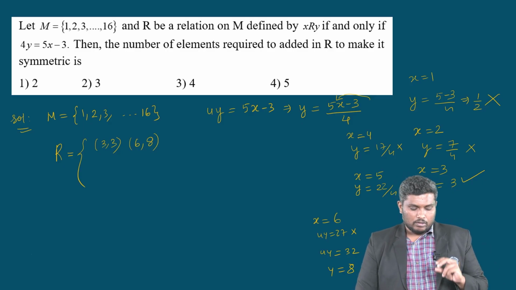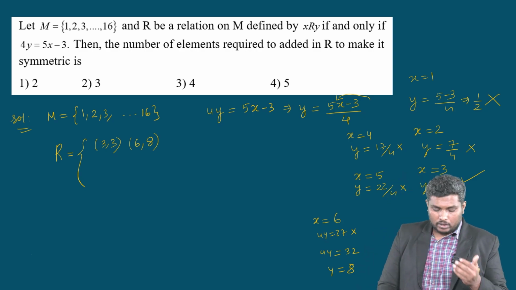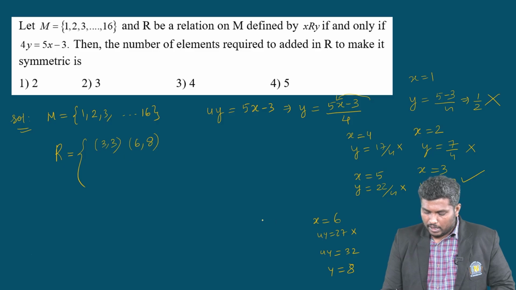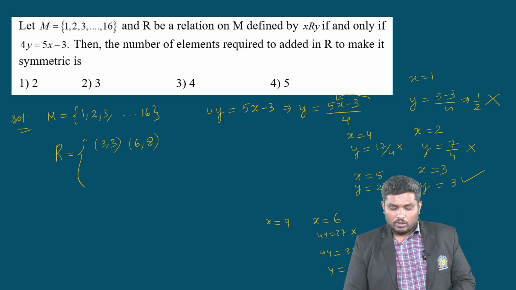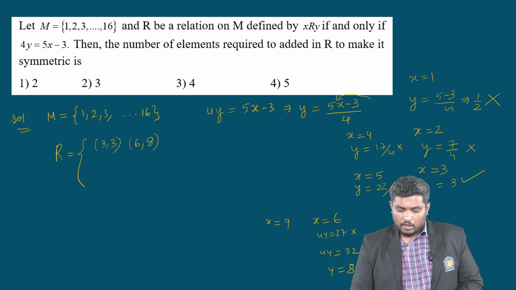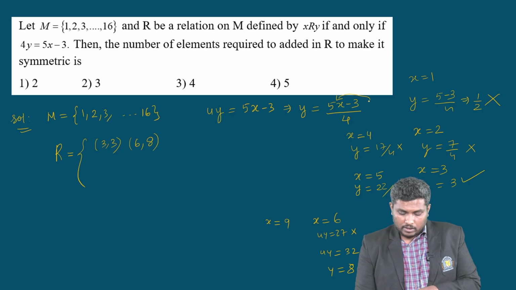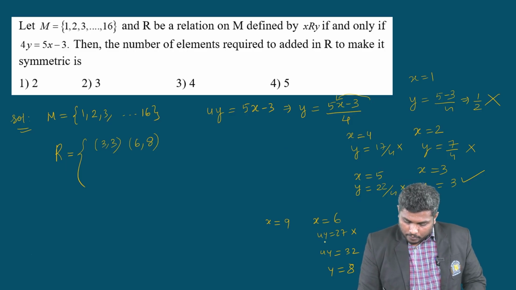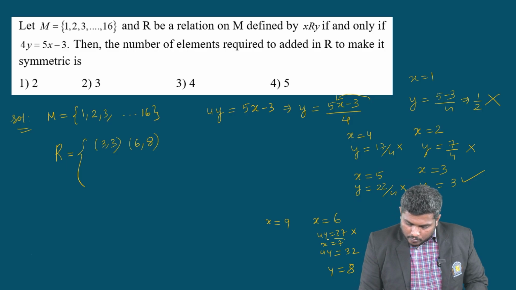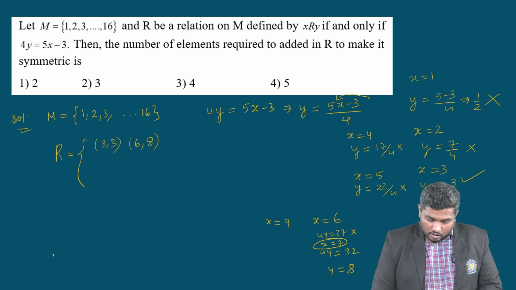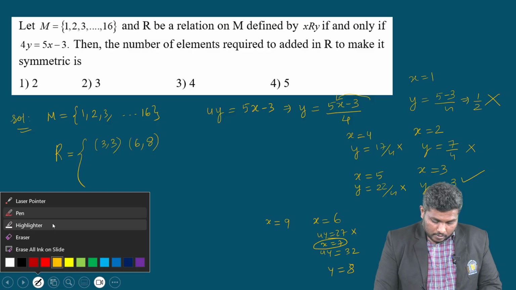Now you can try to see whether there is a pattern attached to it. 3, and then 7, my bad, it is x is equal to 7, not x is equal to 6.